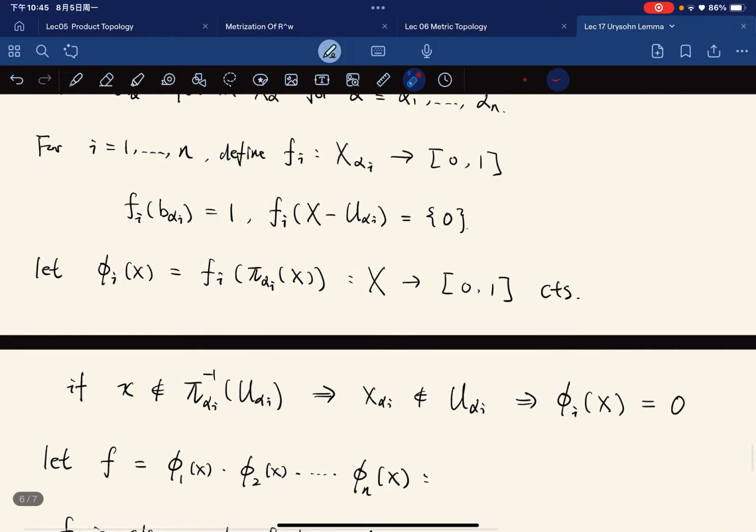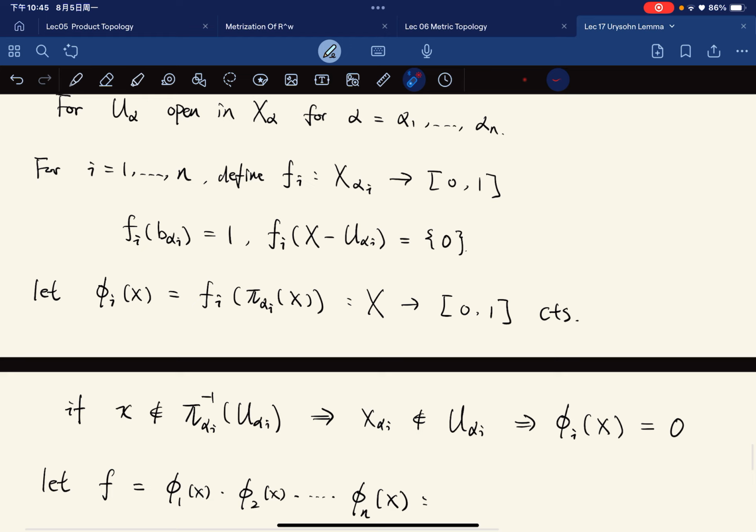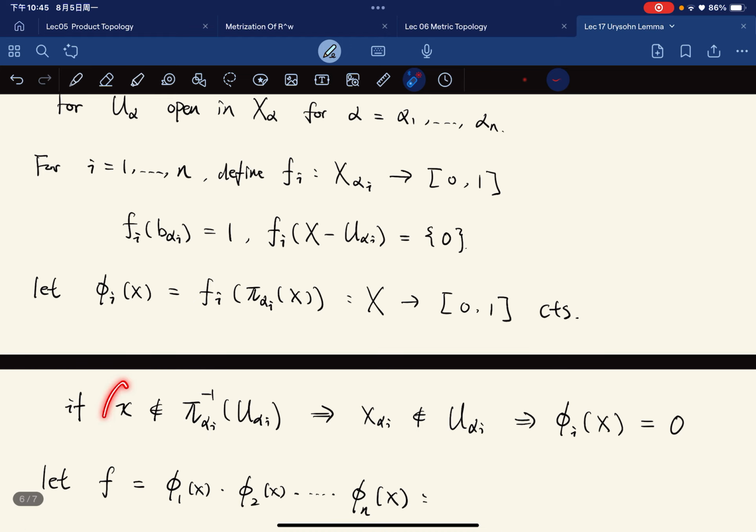Now for x not in this set, x alpha i is not in U alpha i, which means that phi_i of x is equal to 0. So phi_i vanishes outside of all those sets.